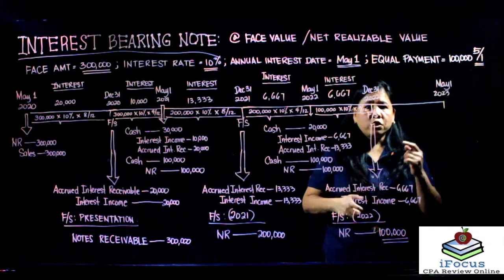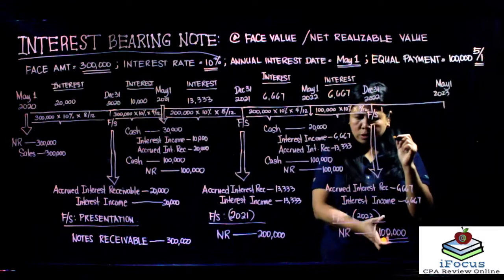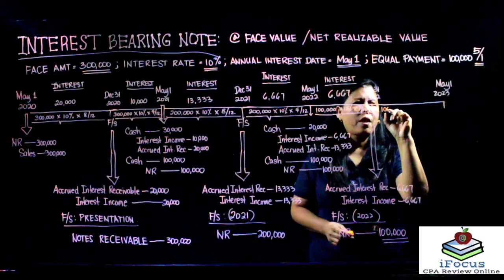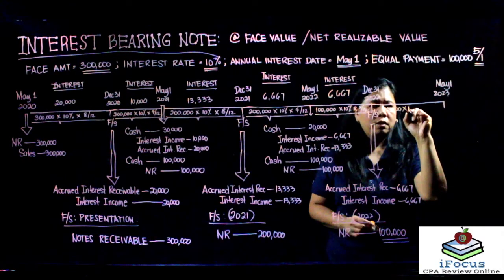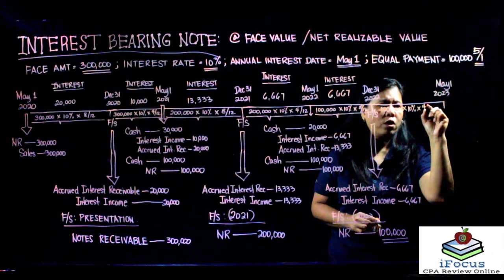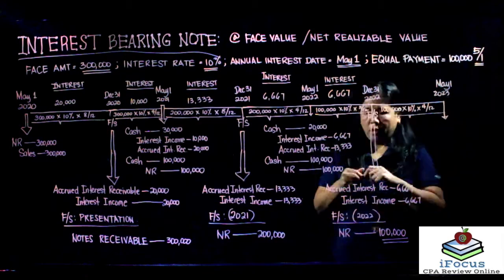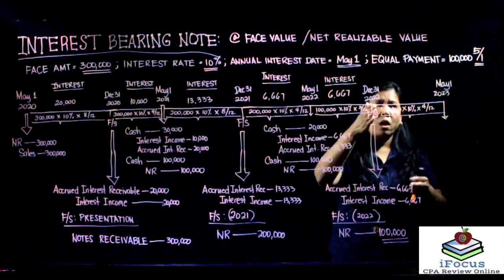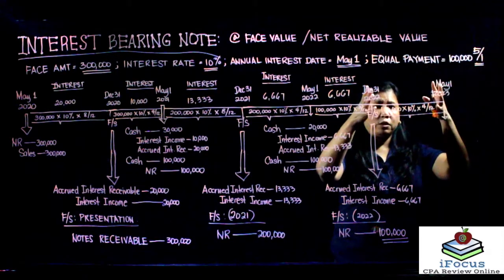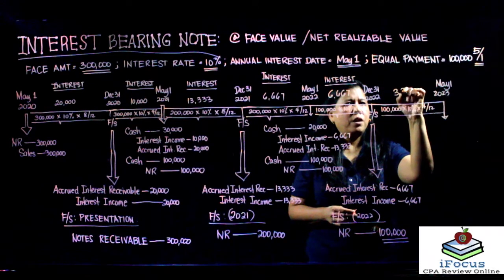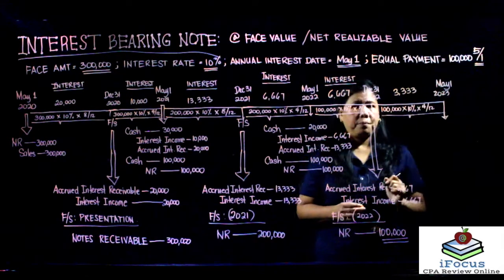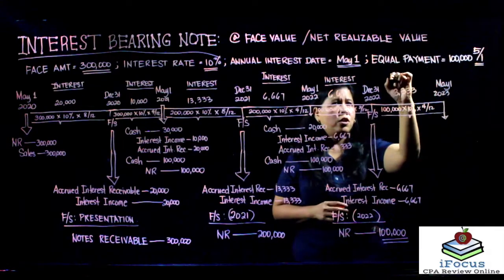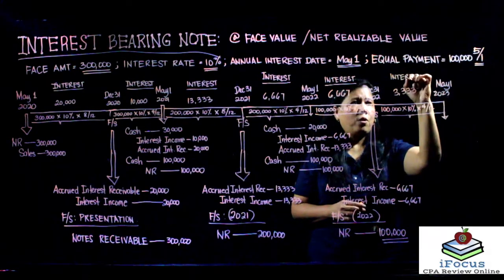Our basis is the outstanding balance of 100,000 times 10% times 4 over 12. The interest income that we earn is 3,333. This is your interest for 4 months.